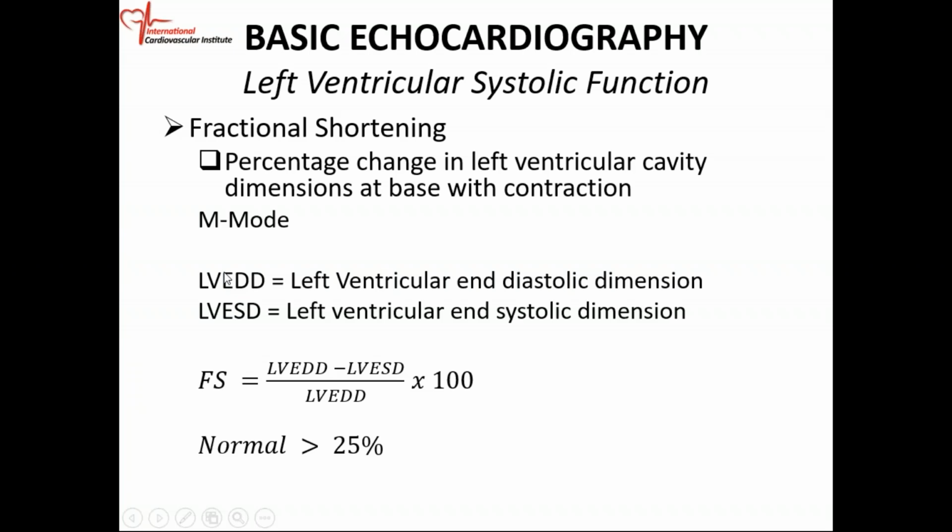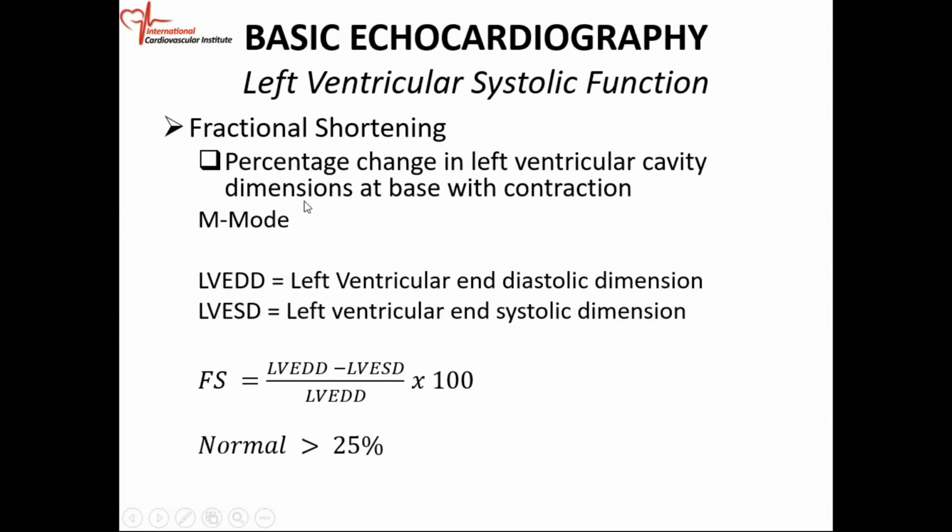We measure the LV cavity in end diastole, so it's going to have a certain length, and then we measure the LV cavity in end systole, it's going to have a certain length. So to get the fractional shortening, the left ventricular end diastolic dimension, we're going to subtract from that the left ventricular end systolic dimension, and we're going to divide it by the left ventricular end diastolic dimension, multiply it by 100.